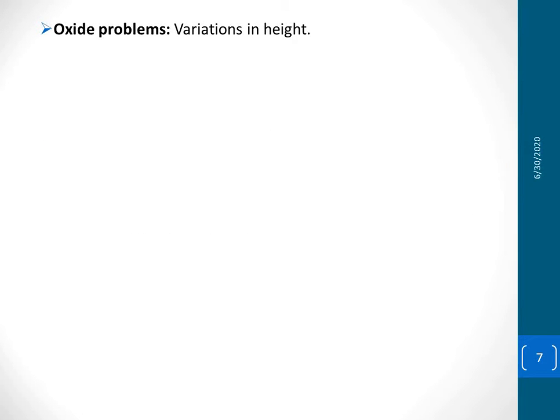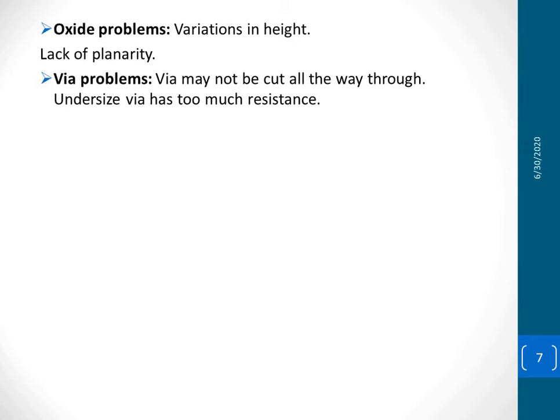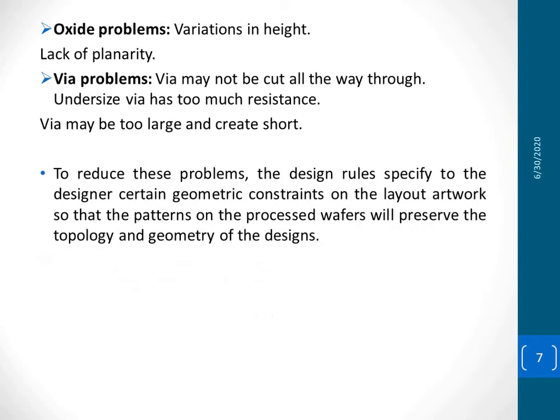And there can be some oxide problems. Oxide problems are variations in height, like lack of planarity, and via problems. A via may not be cut all the way through. An undersize via has too much resistance. A via may be too large and create a short.